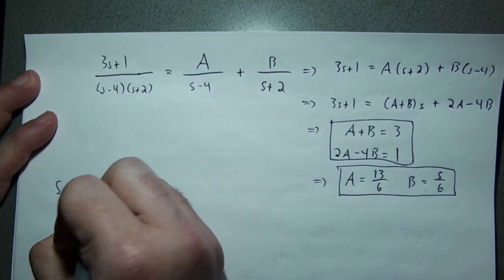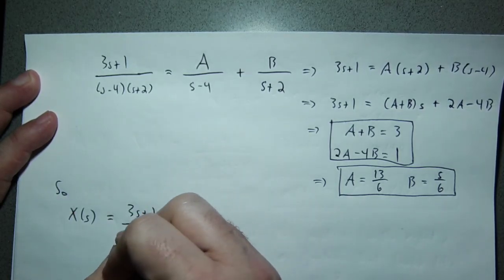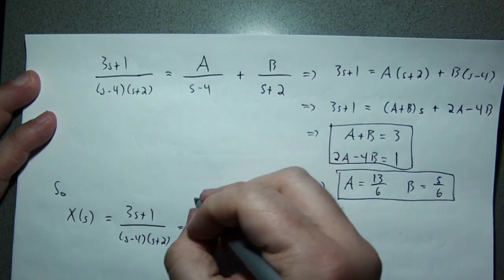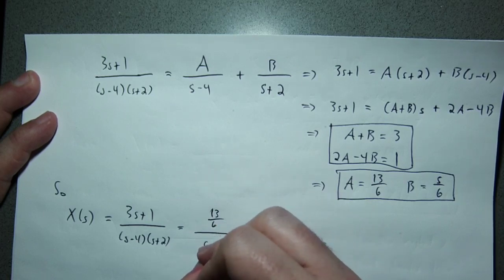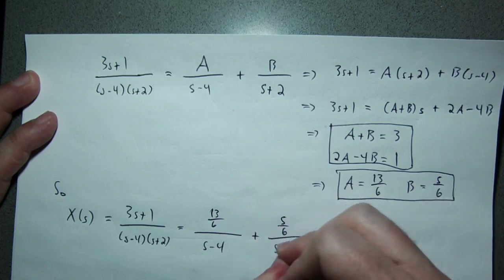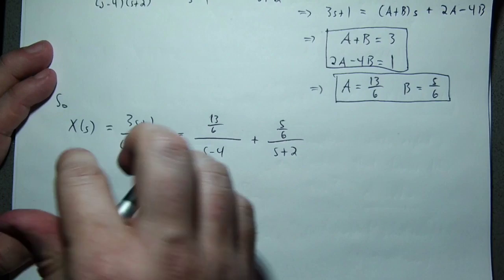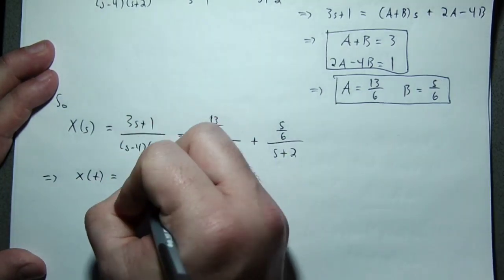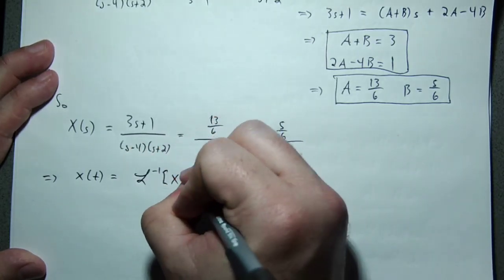So X of s is (3s plus 1) over (s minus 4)(s plus 2), which we've seen is 13/6 over s minus 4 plus 5/6 over s plus 2. Hitting this with the inverse Laplace transform, little x of t is the inverse Laplace transform of big X of s.